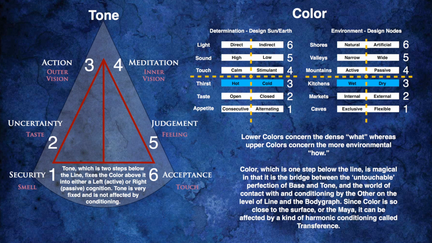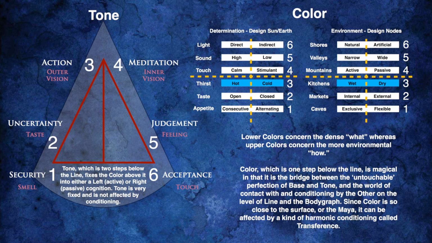It needs to move from one thing to the next thing to the next thing and have a constant flow of stimulation coming in. Now remember that lower colors concern the what. You could say things. Lower colors are about things in particular. Upper colors are about no thing in particular, more environmental.